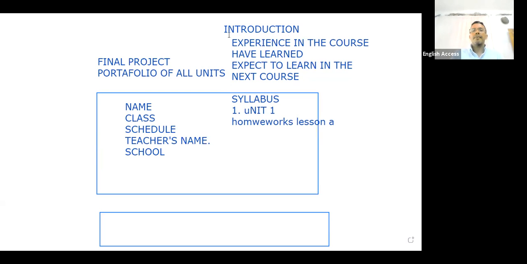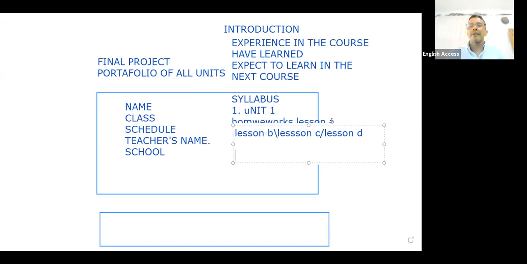Then you continue with lesson B, lesson C, etc. Lesson D. You have to put the page of each one.